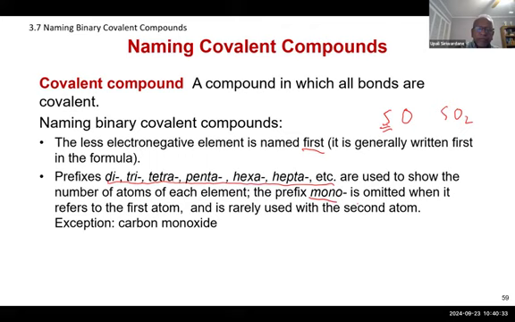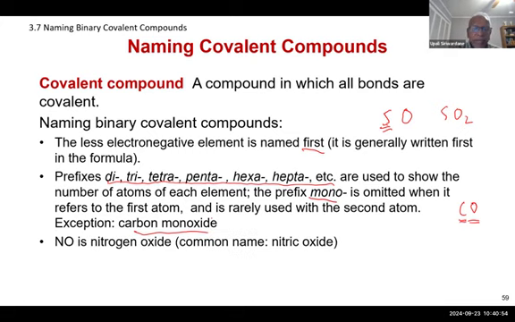Sometimes you use carbon monoxide. For the first atom, you don't call this monocarbon monoxide. It's called carbon monoxide. For the first element, mono is never written. The second atom is oxygen. That's the example, carbon monoxide. Nitrogen oxide, common name. There are two forms of nitrogen oxide.